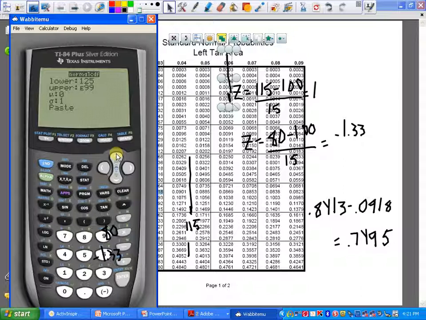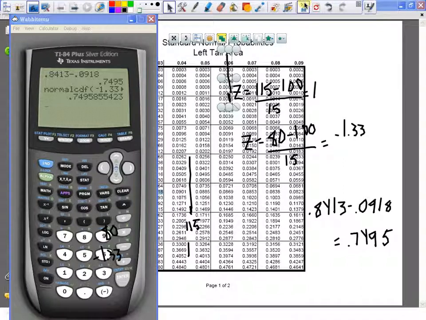This time, since I'm not going to the tail, I can just put my lower bound in, negative 1.33, and my upper bound of 1. I'm trying to get the area in between these two z-scores, so I have a lower bound and an upper bound. And when I paste these, we get our answer that we had here, 0.7495. We didn't have to subtract anything off because we had a lower bound and an upper bound here.